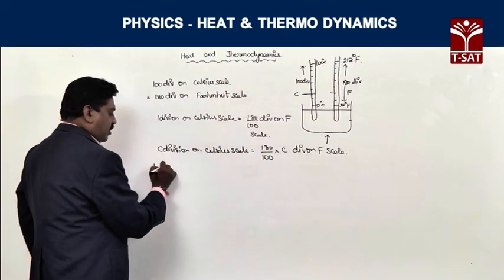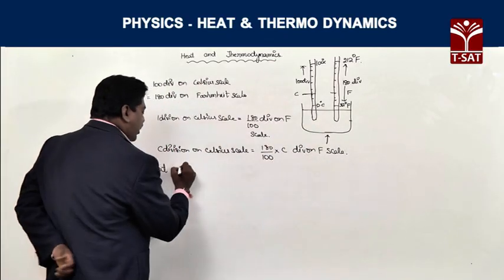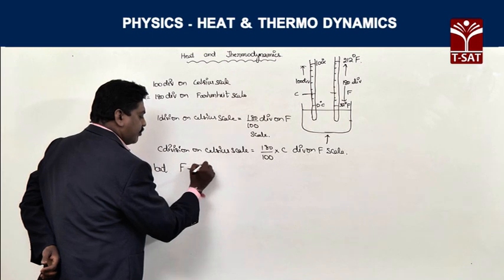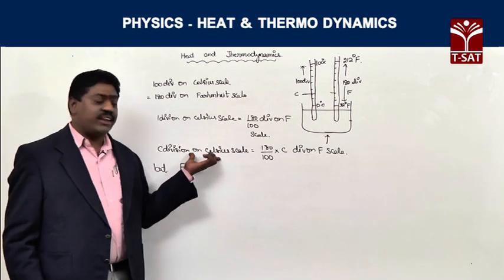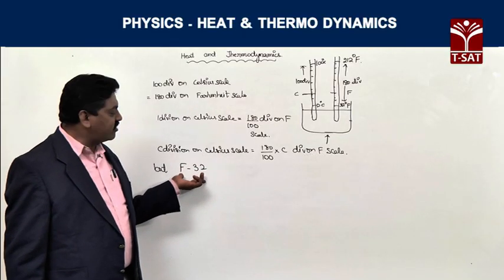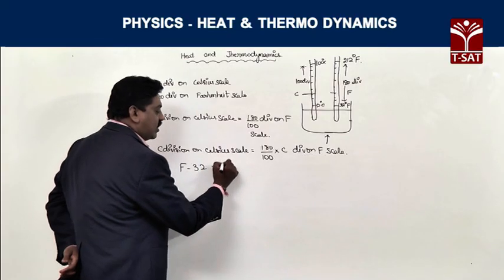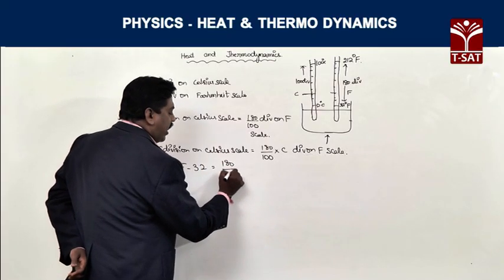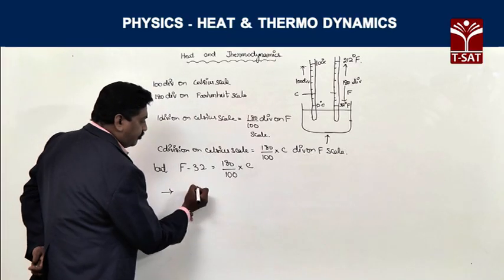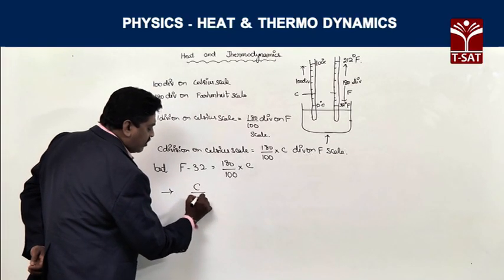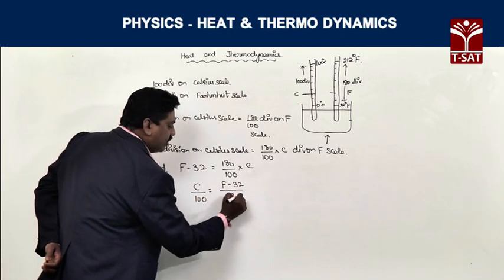But C divisions on the Celsius scale is equal to F minus 32 divisions on the Fahrenheit scale. So, F minus 32 is equal to 180 by 100 into C. This we can write as C by 100 is equal to F minus 32 by 180.